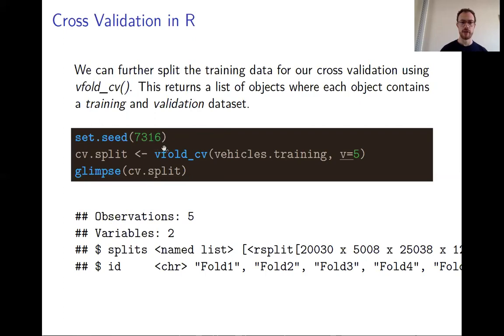Also notice that I set a seed here. What this means is that since resampling methods randomly draw, we want to set a seed so that every time we run it, the resampling methods draw exactly the same random numbers. Setting a seed allows you to do that, because the algorithm that draws random numbers usually starts with a seed, which is an input number, and then it performs a very complex calculation.